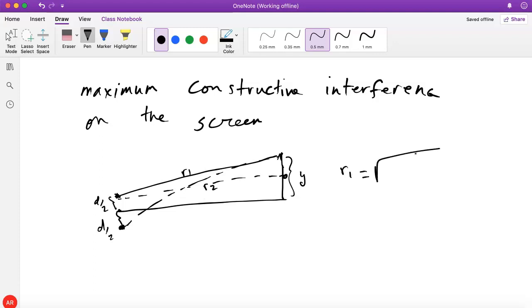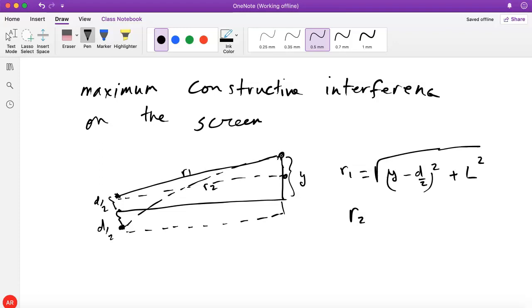Therefore R1 becomes the square root of (Y minus D over 2) squared plus L squared. R2 similarly, so you draw this line parallel to this horizontal line, perpendicular to the screen and the line connecting the sources.